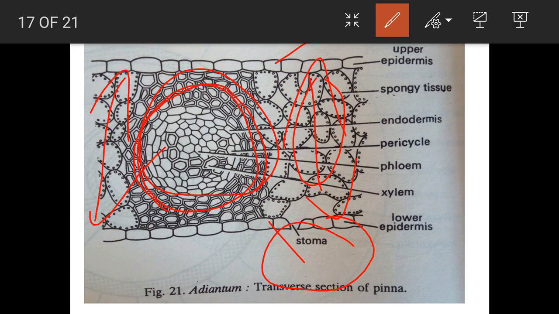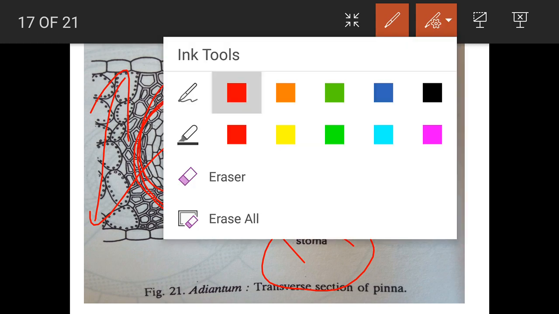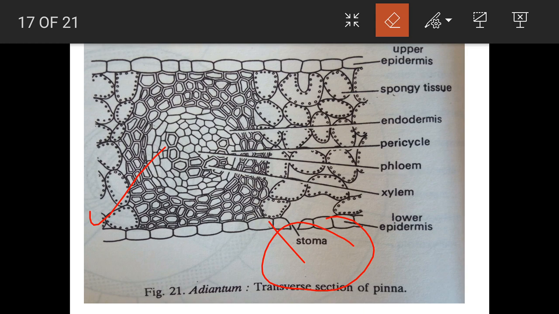So this is about the TS of pinna, which I am going to repeat again. When we take the transverse section of the leaf, it consists of mainly two portions, the upper epidermis and the lower epidermis. On the lower epidermis we find the stomata. In between the two epidermis we find the mesophyll tissue, which is homogeneous in nature, made up of only spongy tissue.